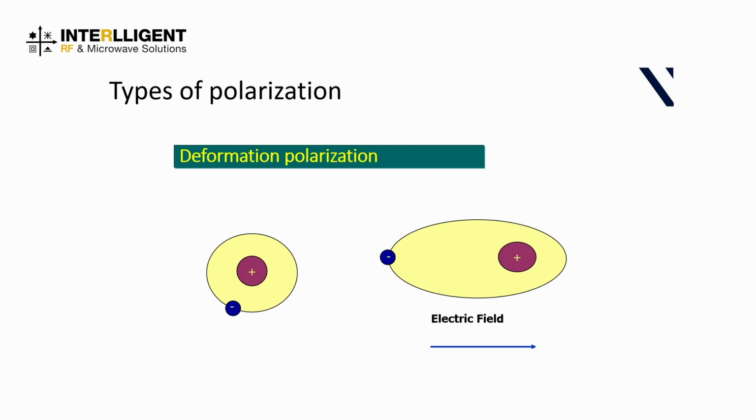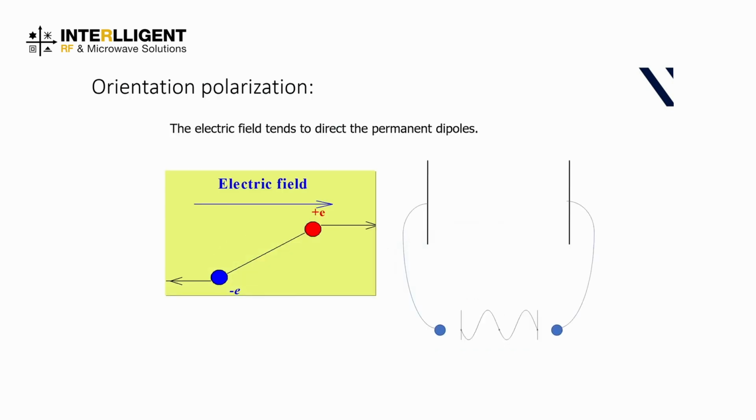I'll get a dipole. If I go lower and I get a molecule where there is already an inbuilt separation between positive charge and negative charge, and the classic example, of course, is water, the moment I stick a field on there, the positive wants to go one way, the negative wants to go another way, I will get orientations.